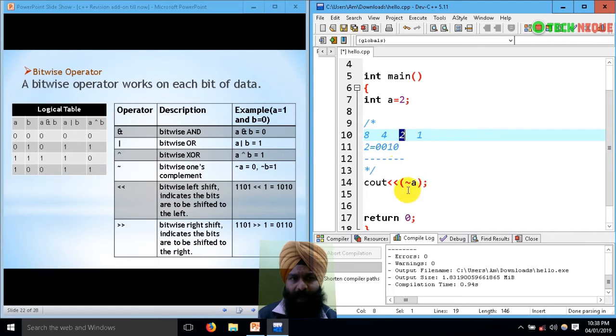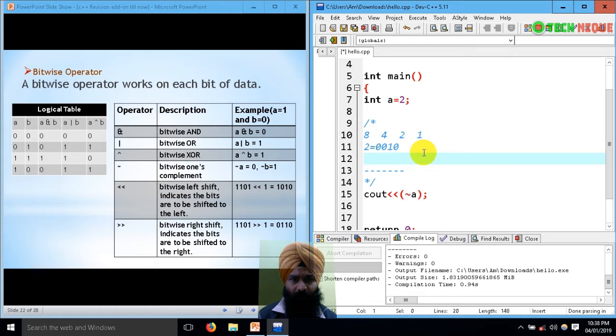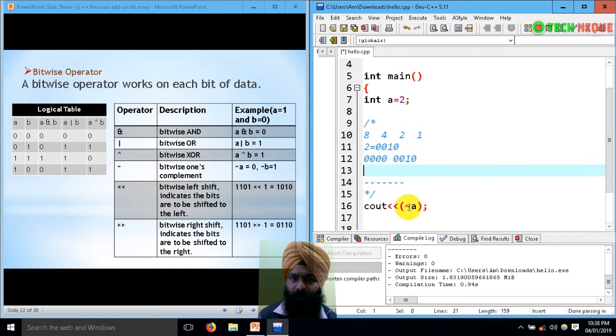Now if I execute this, it's going to negate, actually it's going to store in this manner, and convert all the digits.